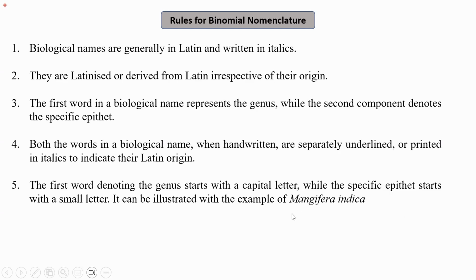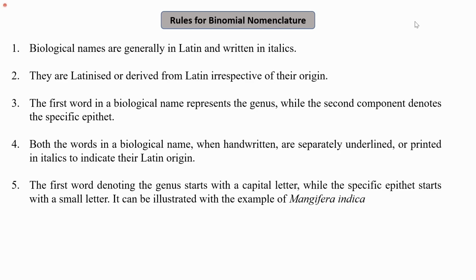It can be illustrated with the example of Mangifera indica, where I have italicized the words, and it is a binomial nomenclature where Mangifera is a genus and indica is a specific epithet. The first letter of the genus starts with a capital letter, while the first letter of the specific epithet starts with a small letter.